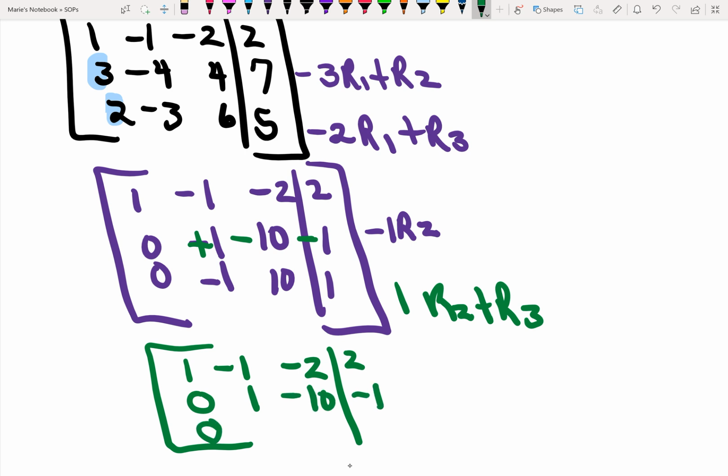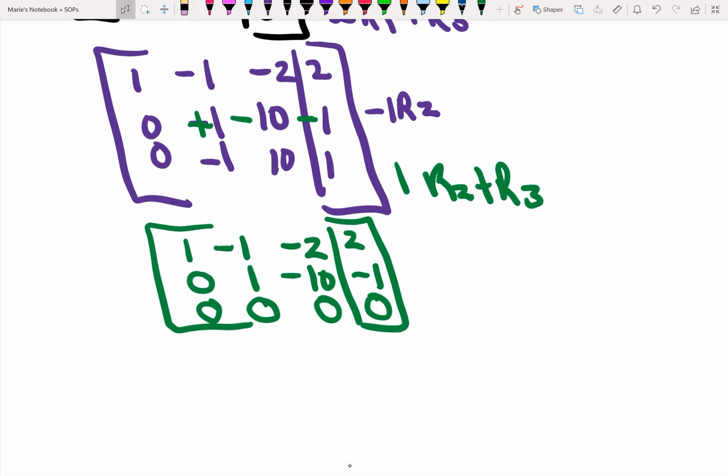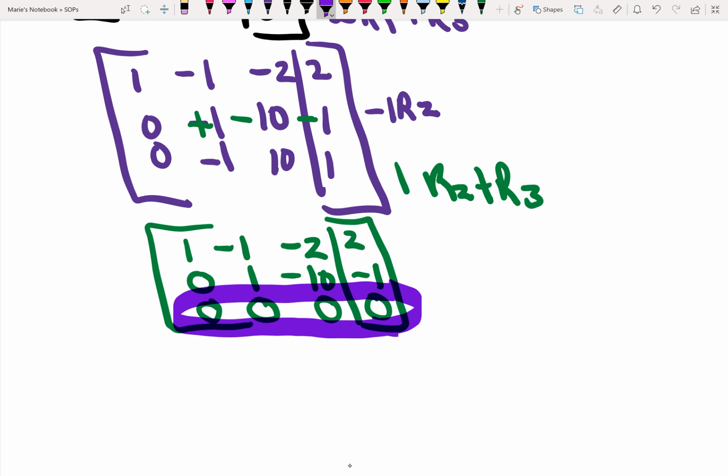And now how you know that this is an infinitely many solutions is, in essence, unlike the other example where we had at least an answer at this end, here we have nothing. We have all zeros. That's what you're looking for. This is how you know that this is the same line over itself.